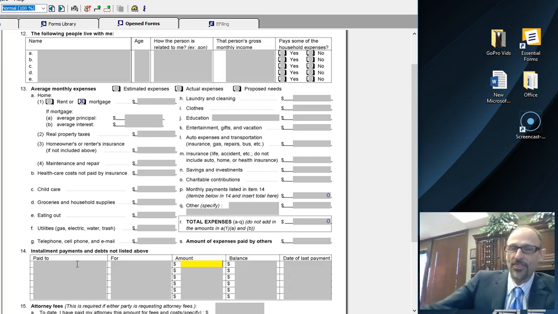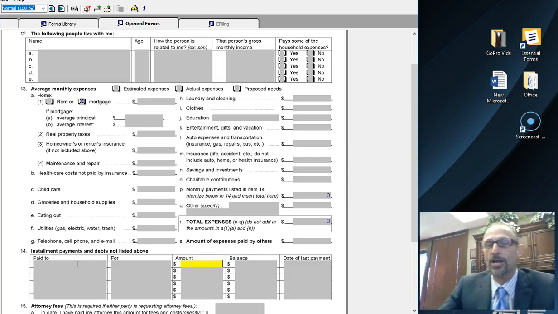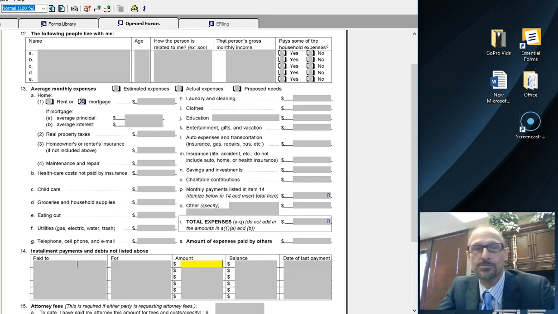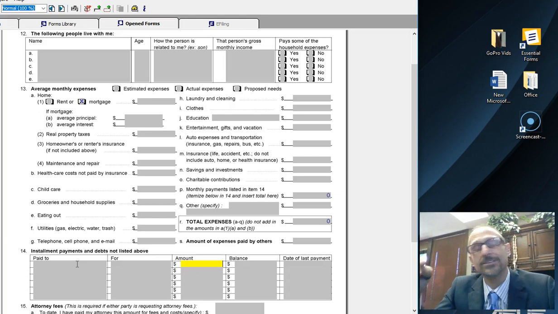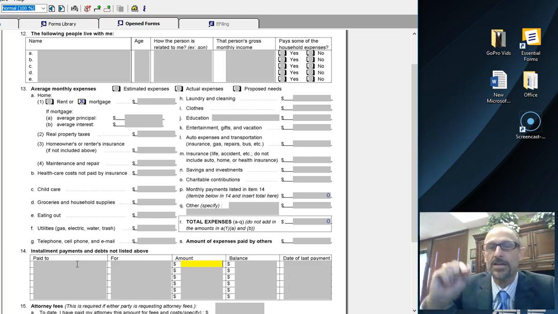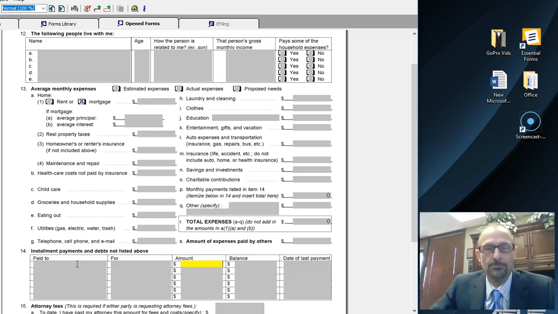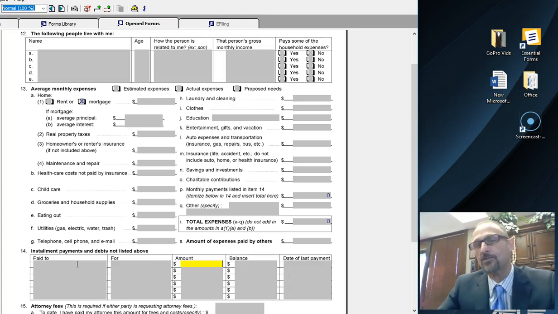If you put $1,000 a month on that credit card, but that $1,000 is used to pay your groceries and household supplies and your clothing at the stores, or your entertainment, gifts, and vacations, and that number has already been included above, don't put it down here. Don't double it up. So if you've already included those costs above, just put 0 here.